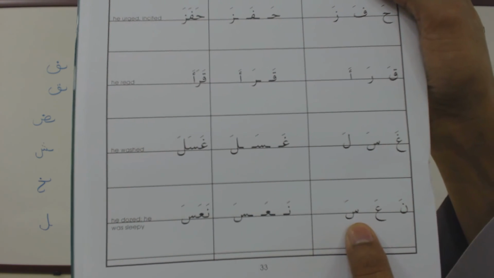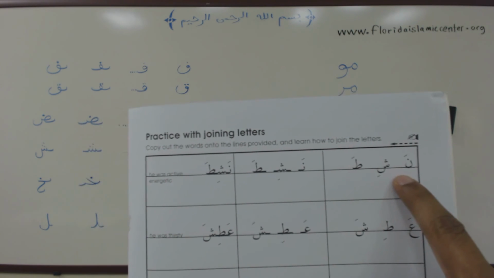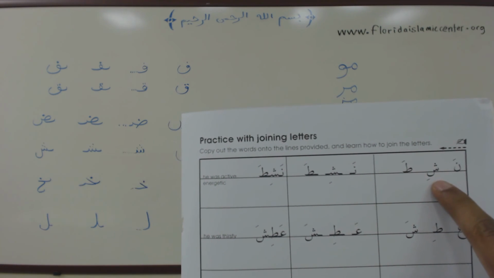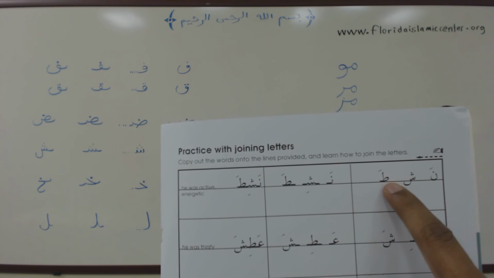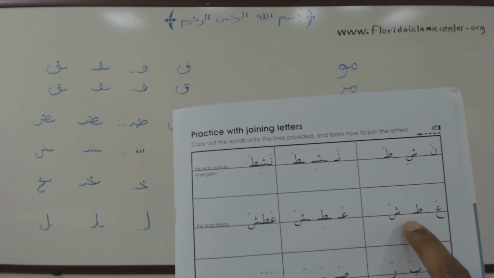Na'asa means to get sleepy, to doze off. Still have some more. Let's try to finish up all of these. Next. Nashita, to be active.